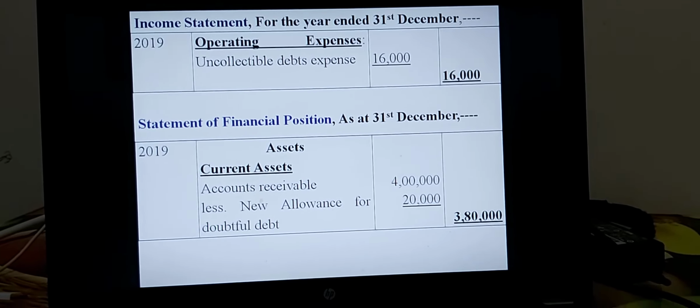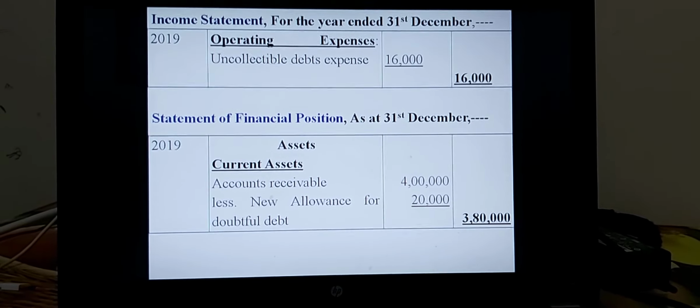In this math, only 2019 is shown for operating expenses, that is uncollectible debt expense taka 16,000. This amount needs to be transferred as additional allowance taka 16,000. In this math, the income statement is completed as only 1 year math.